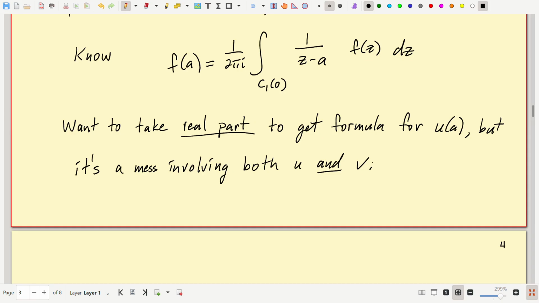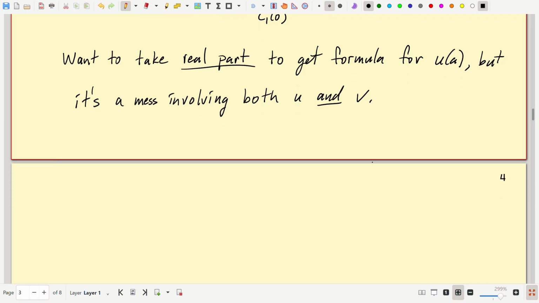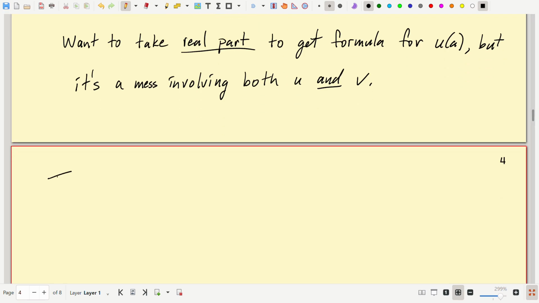But here's the trick. The trick is, let's see, if I calculate the integral of a conjugate over 1 minus a conjugate z, f of z dz.